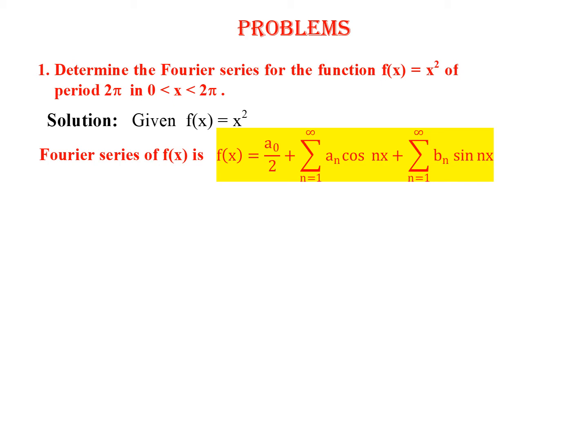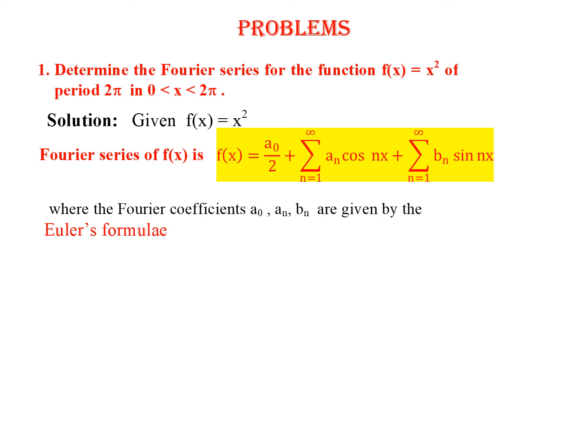Otherwise this is going to be the same for any problem. So what is the particular value of a naught, a n and b n for this particular function x squared? That is what we are going to see here. So these are the formulas for a naught, a n and b n, which we call them as Euler's formulae.